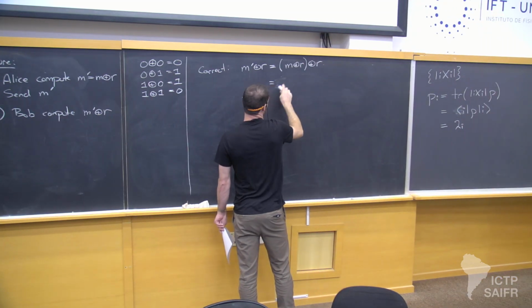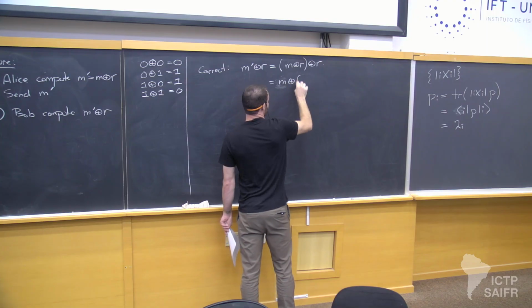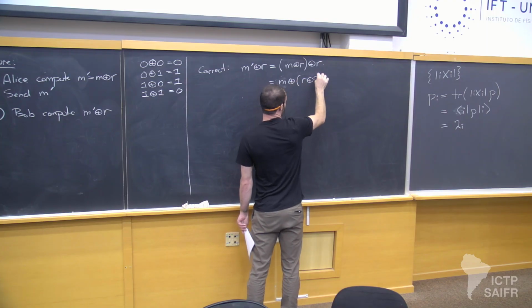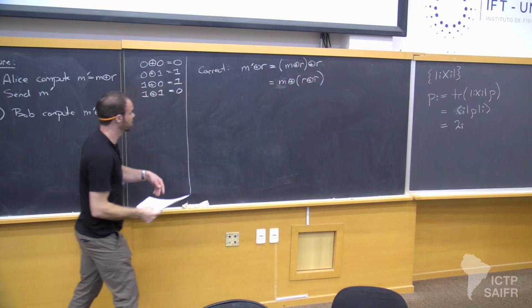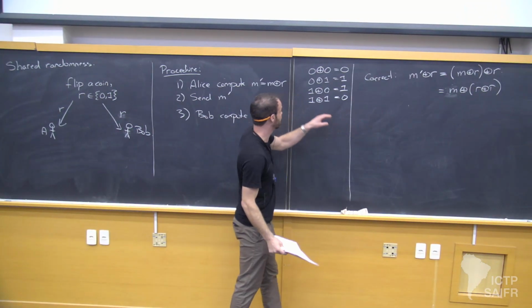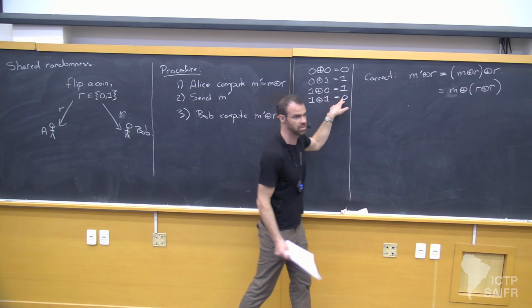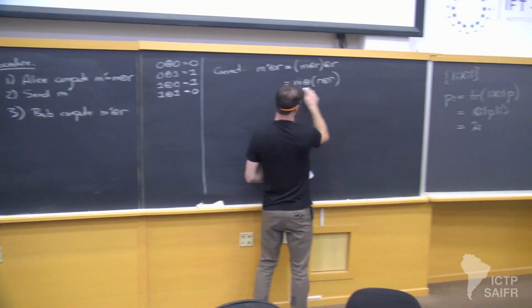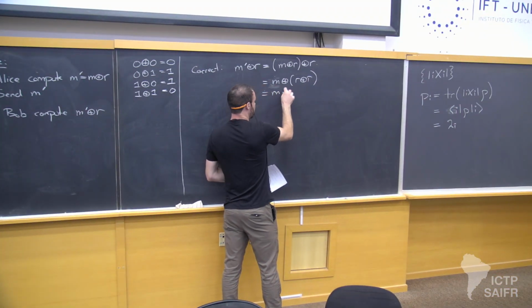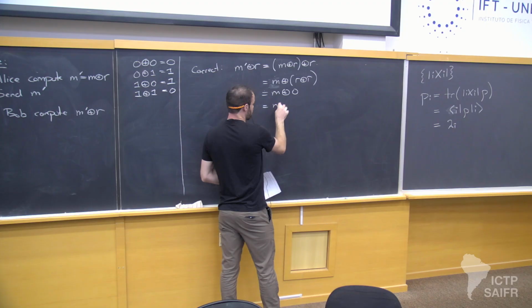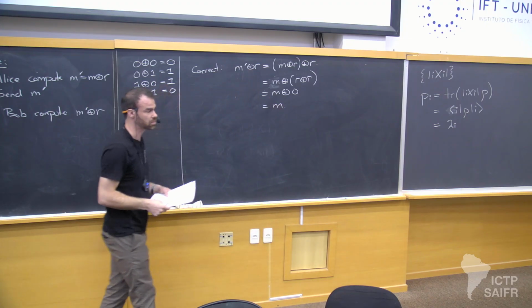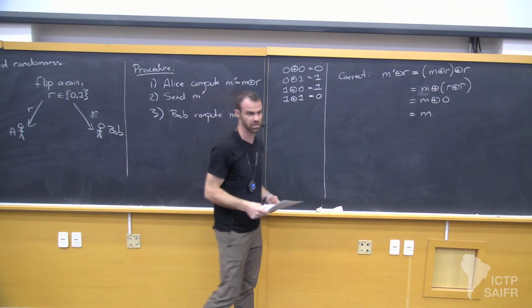So this is M plus R plus R. But R plus R is always 0, right? If R is 0, it's 0. If R is 1, it's 0. So this is just M plus 0, which is always M. Okay, so good. It's correct.